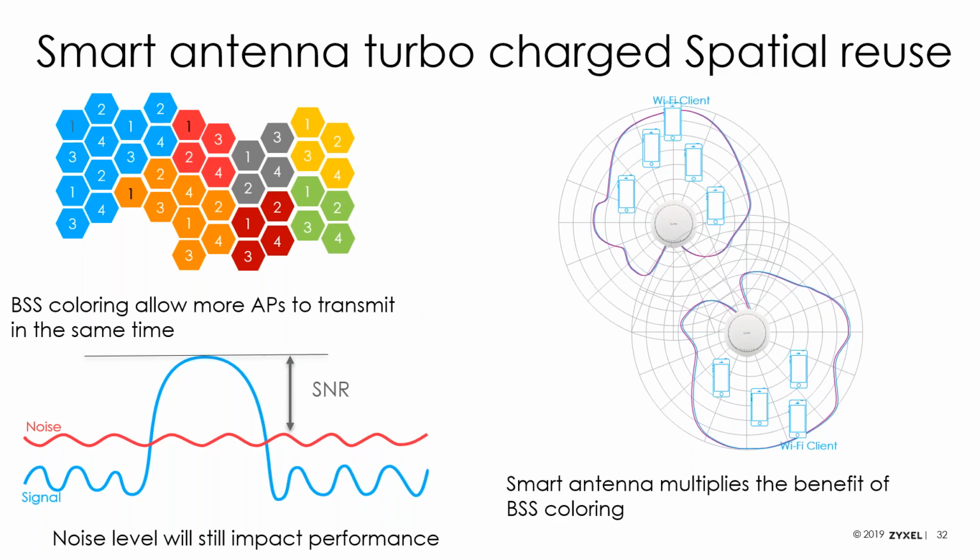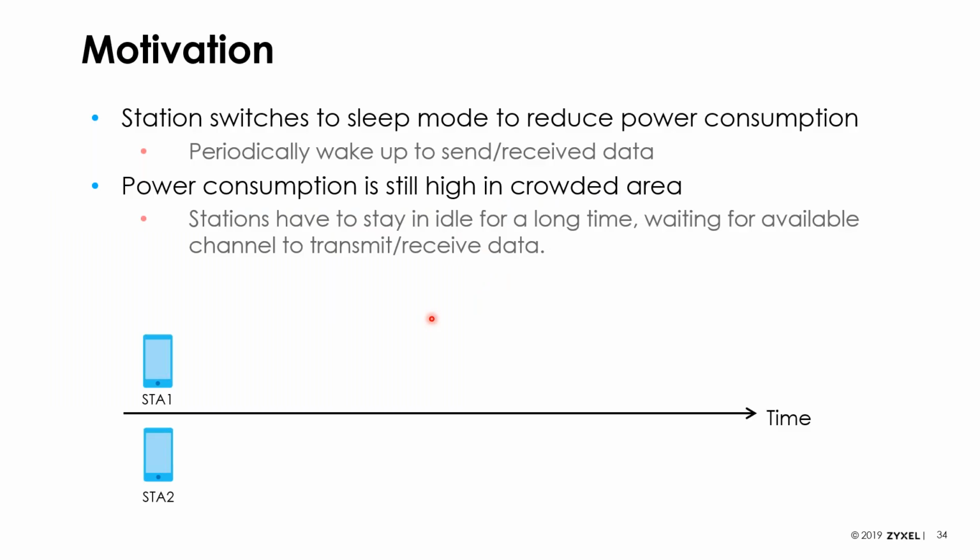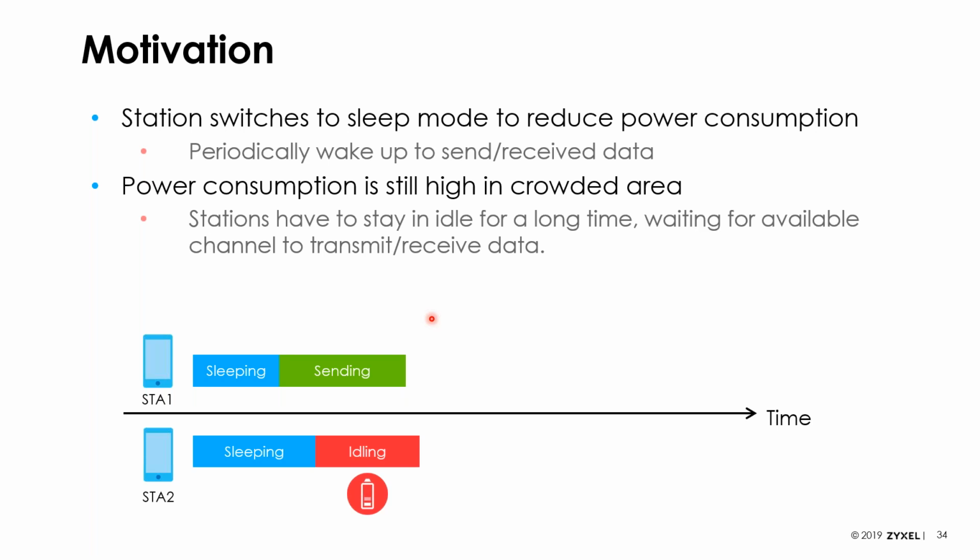Then once again, to improve the airtime efficiency, AX introduces something called a power saving mode, target wake time. So previously, when stations have tried to communicate with the AP, they are sleeping, then they are sending, and they are just doing this basically at random periods of time.